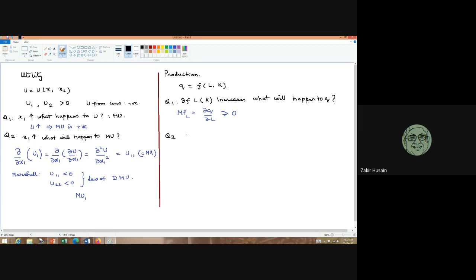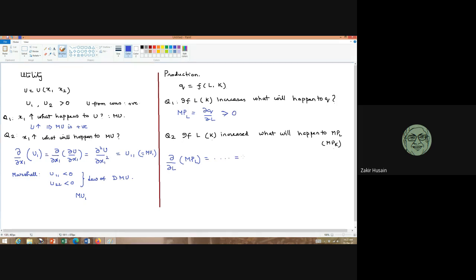So then the second question is that if I increase labor or if I increase capital, what will happen to marginal product of labor or marginal product of capital? So if I increase labor, what will happen to marginal product of labor? If I increase capital, what will happen to MP of K? And again, what we are simply doing is differentiating again.